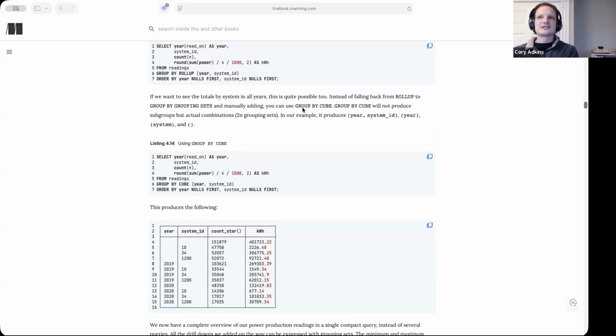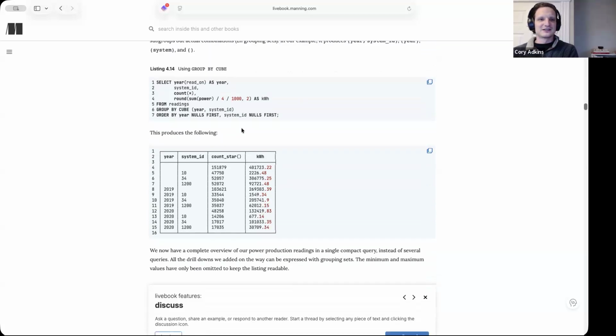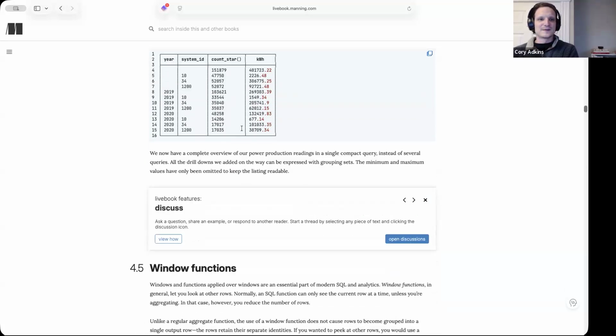If you have two factors and you want the cross classifications for each, say you have cats and dogs and boy and girl, and you want boy cats and boy dogs and girl dogs, all the cross classifications, you can use this group by cube, which will produce the combinations of each grouping factor. Maybe I shouldn't say factor because that is an R term.